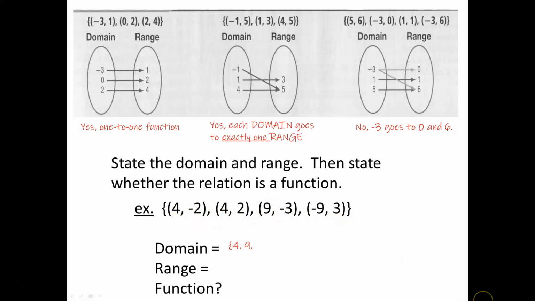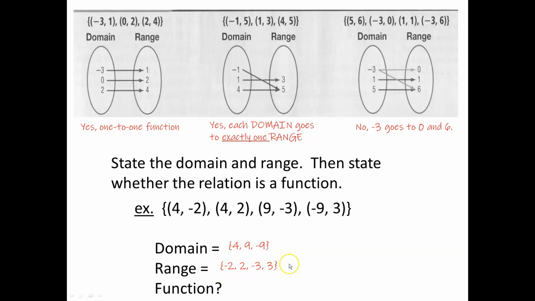So, it's {4, 9, -9}. And yes, I know there are two 4s, but we don't have to put it in there more than once. Then what's our range? If our domain is the x's, what's our range? Yes, our range is all of our y's: {-2, 2, -3, 3}.